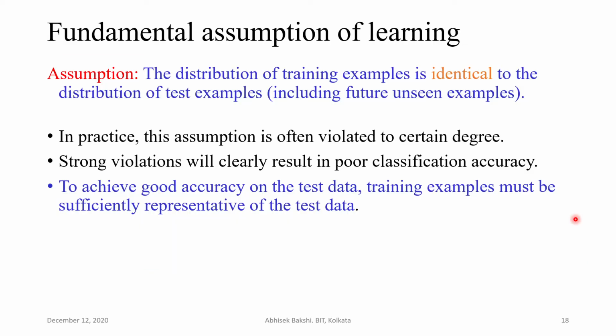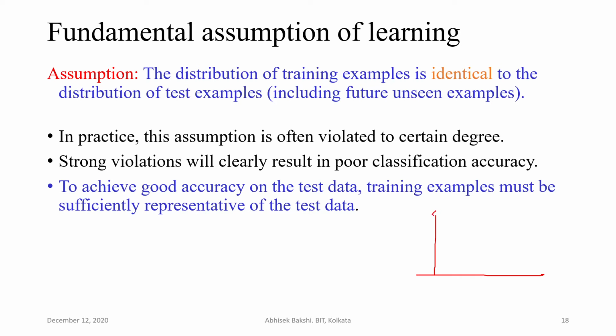And you see, at the time of learning, there is a very important assumption we have, that the distribution of training examples is identical to the distribution of test samples. What does it mean? Suppose we have a situation something like this, let's try to explain with respect to a graph.